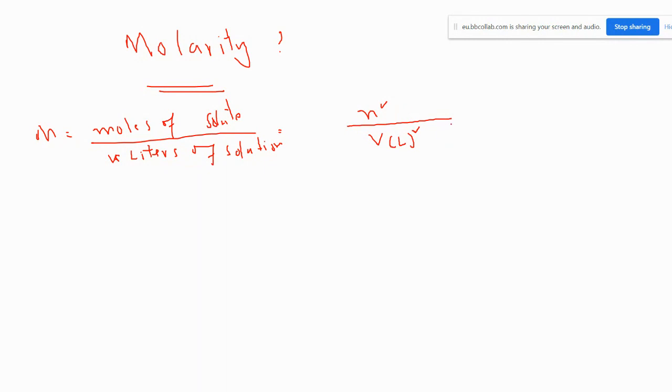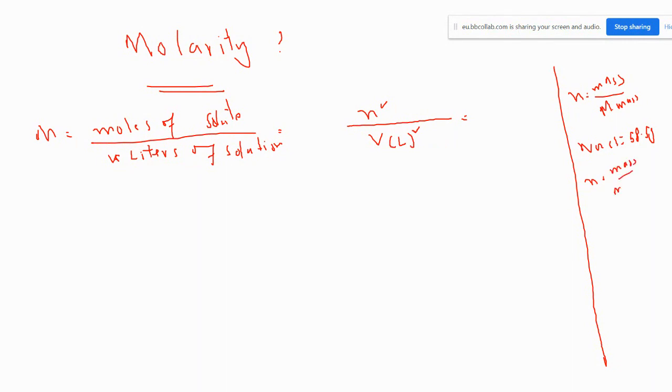Now, how to find moles? If you have the pre-knowledge of moles, it is mass divided by molar mass. Suppose you have sodium chloride and 58.5 gram, how many moles are there? Mass in grams divided by molar mass.